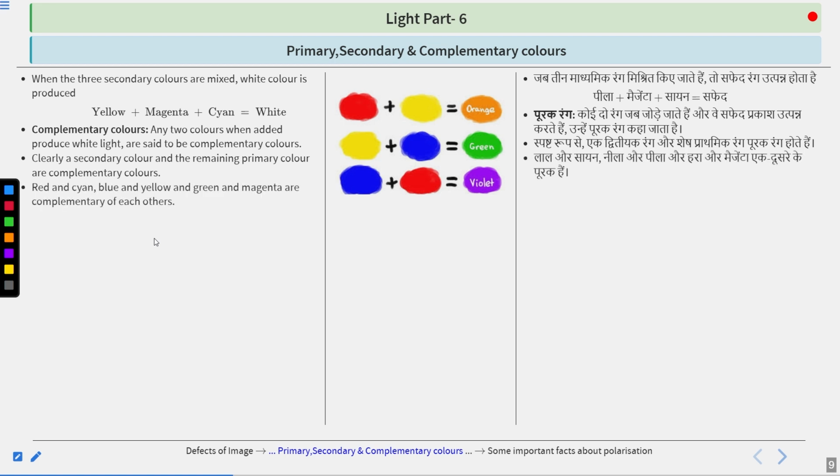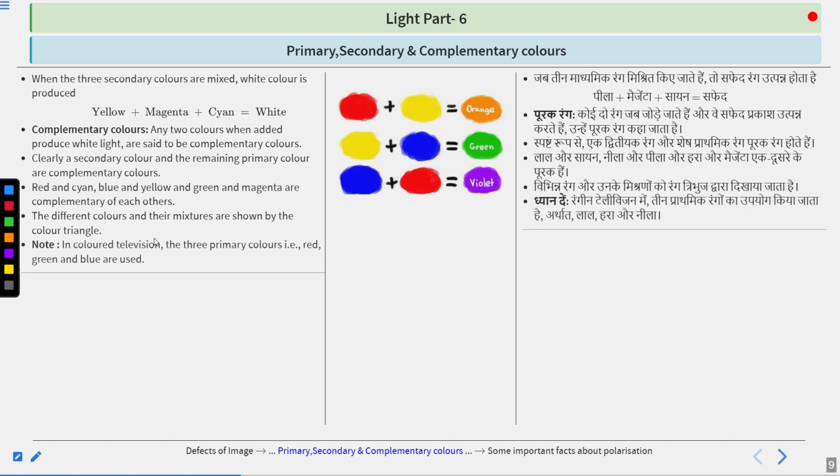Red and cyan, blue and yellow, and green and magenta are complementary to each other. The different colors and their mixtures are shown by the color triangle. Note, in color television, the primary colors red, green, and blue are used, and these are mixed together in proper proportion to produce the rest of the colors.